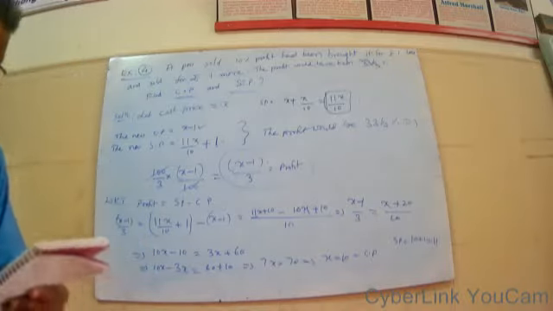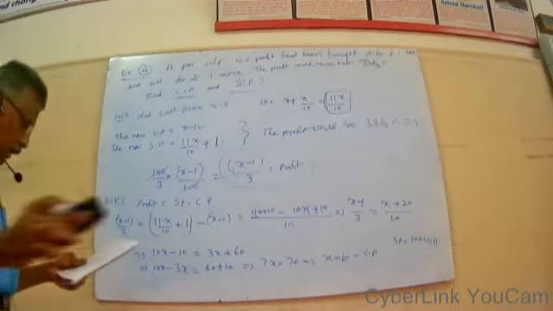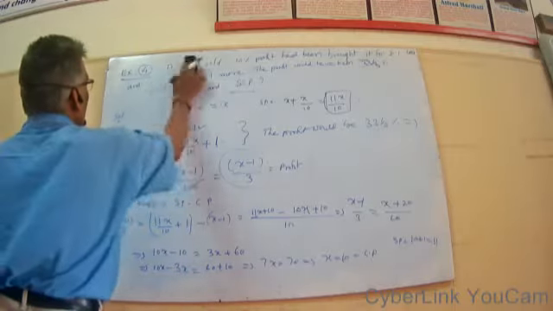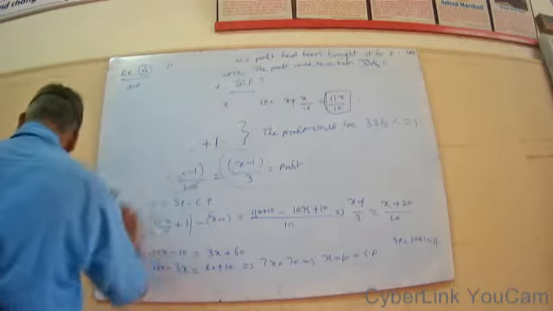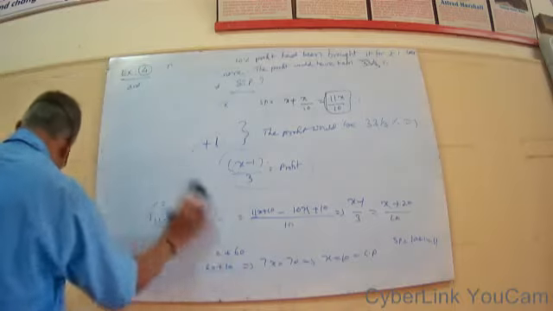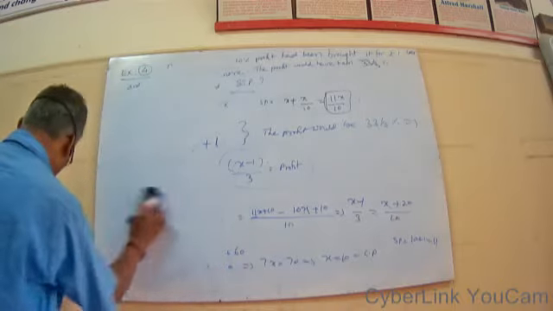Next is example number 5. A dealer bought 40 pens at a certain rate.